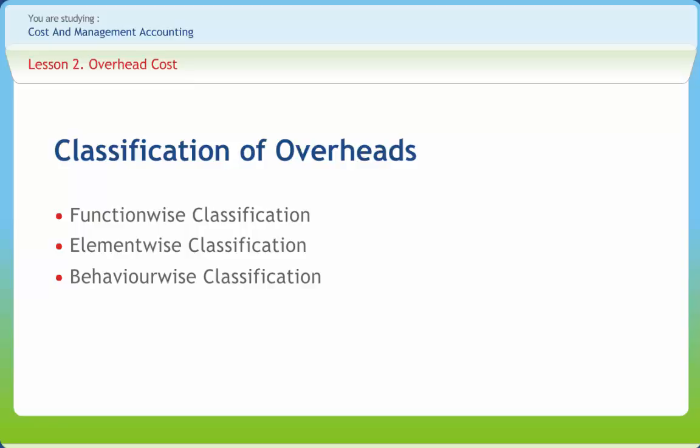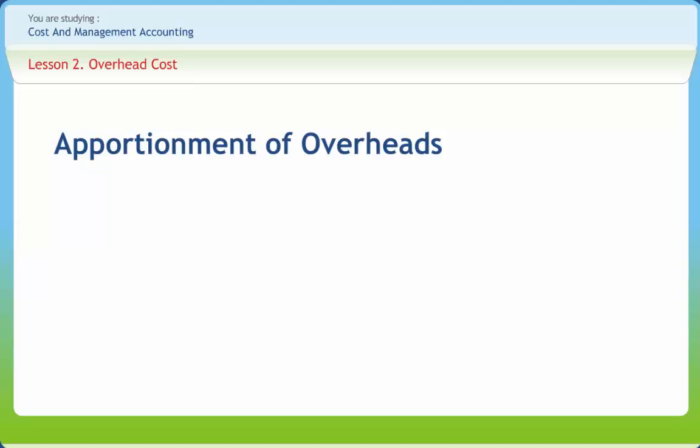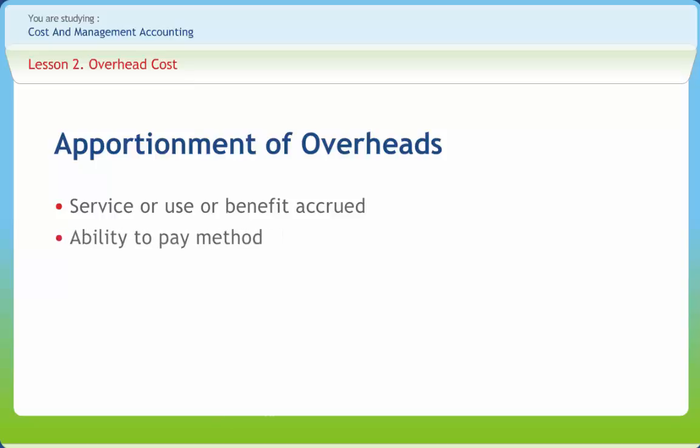Cost apportionment is the allotment of overheads to various cost centers or cost units, which cannot be easily identified exclusively for a particular cost center or cost unit. Principles of apportionment are service or benefit accrued, ability to pay method, efficiency method, and survey method.